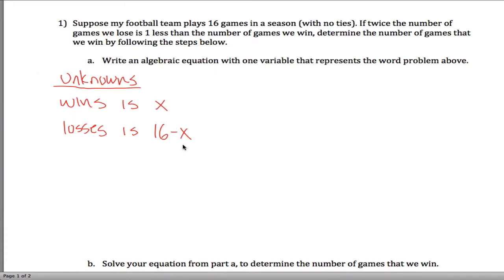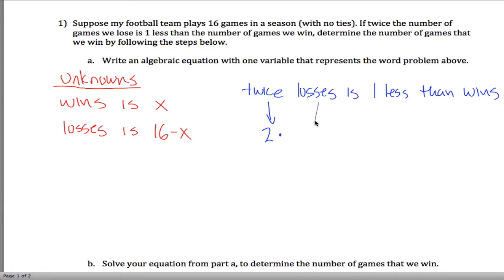If you get here where you properly name your two unknowns, then what you can do is just read the sentence. Twice the number of games we lose, twice losses, is one less than the number of games we win, wins. If you translate that, twice means 2 times something.